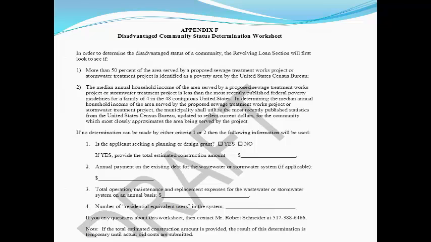If an applicant is coming in for an asset management plan, there is no estimated construction cost, so the applicant will only be able to answer questions 2, 3, and 4. If an applicant is coming in for a stormwater asset management plan, unfortunately, they will not be able to answer any of these 4 questions, and so we will rely entirely on criteria A and criteria B to determine disadvantage status for stormwater projects.